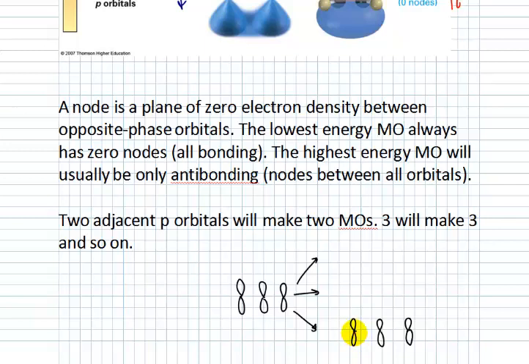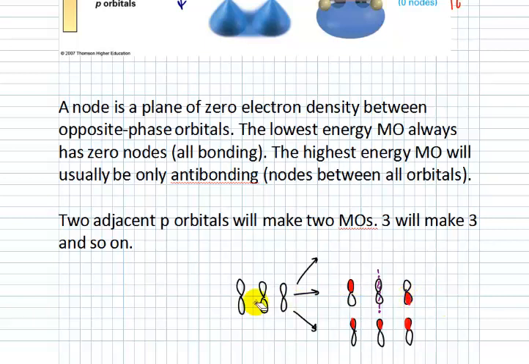Here, I'll just use red to color them in. Okay, it's all bonding. In the middle, we need to have now 1 node, so that node will actually exist over top of the center p orbital there. So, got one going up on the left, one going down on the right.